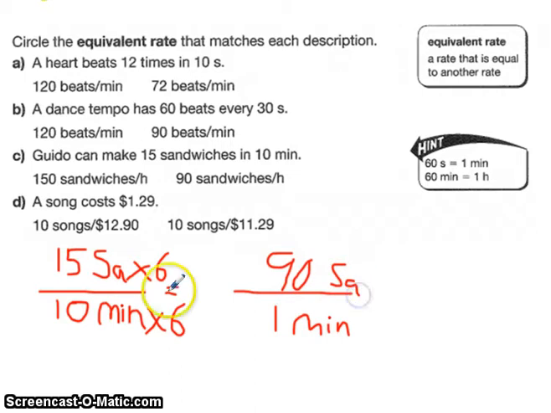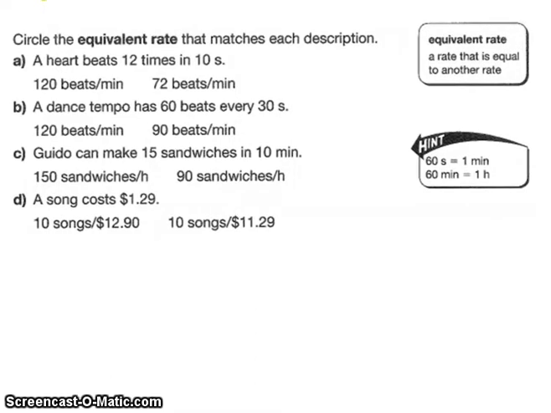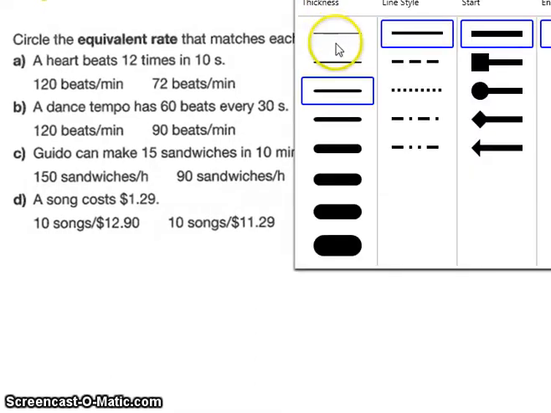So that is an equivalent rate. Okay, it means the same thing. If you can make 90 sandwiches, sorry, that should not be minute. That should be 1 hour. My bad. So if you can make 90 sandwiches in an hour, you can make about 15 sandwiches in 10 minutes. Okay. And that last example, pretty easy one.